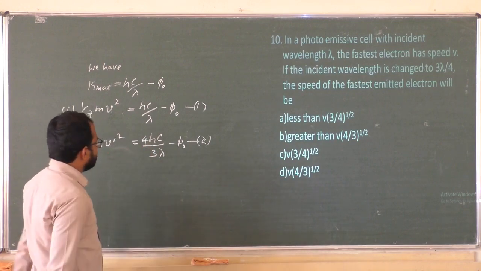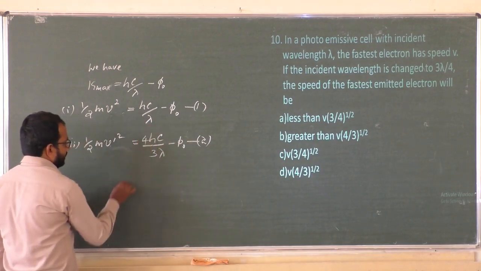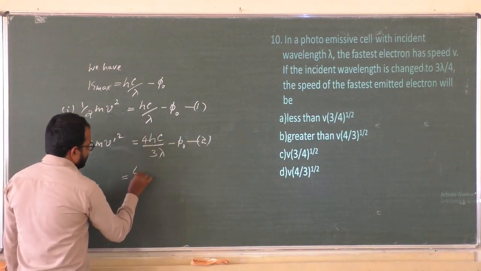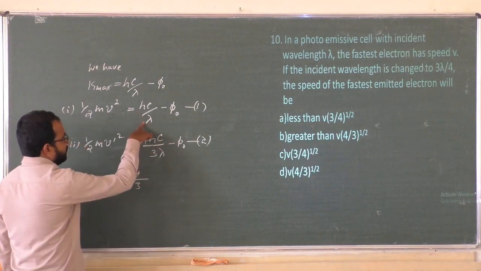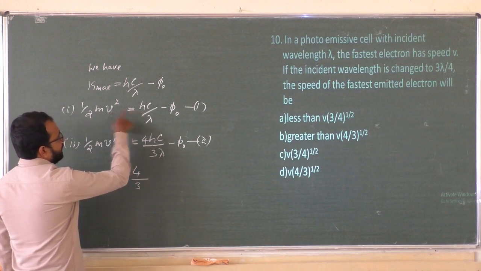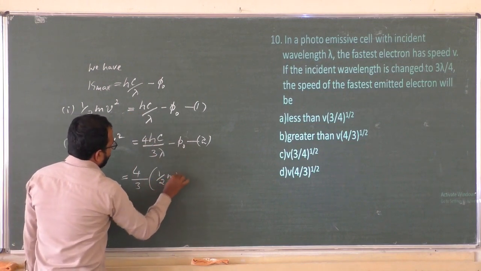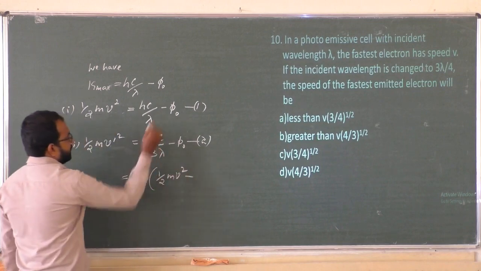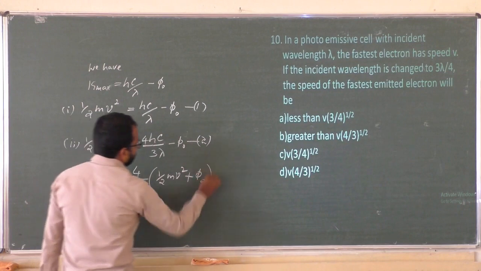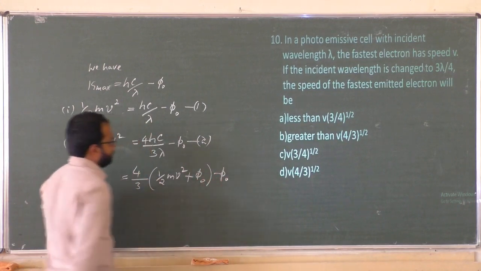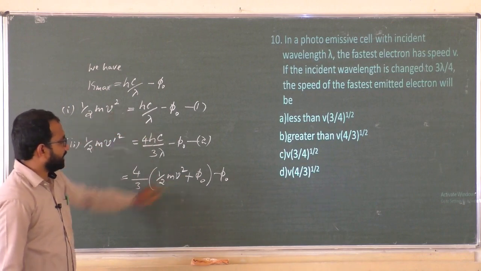So the other option is to substitute the value of hc by lambda. From the first equation, hc by lambda is equal to half m v square plus phi naught.